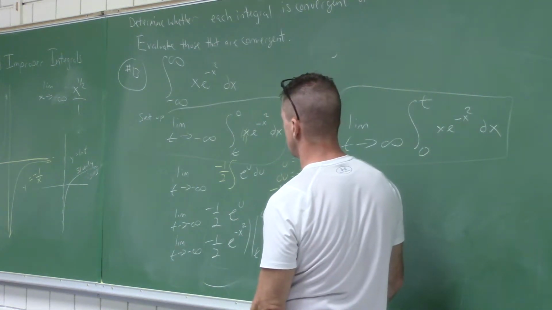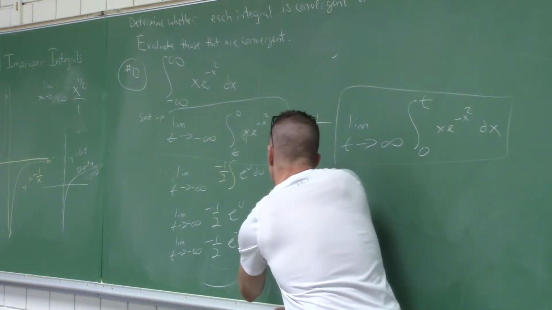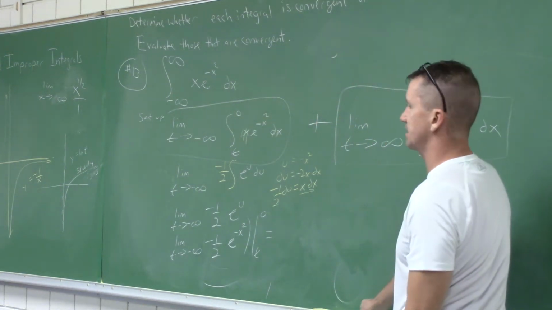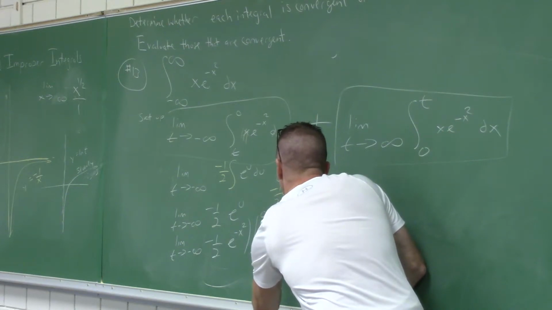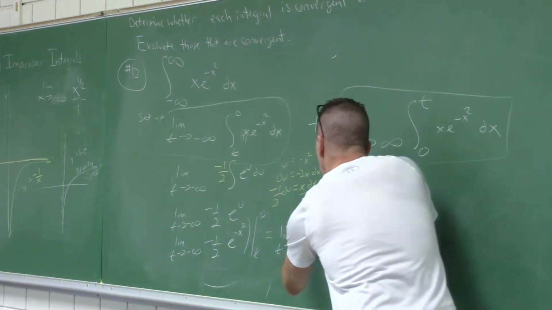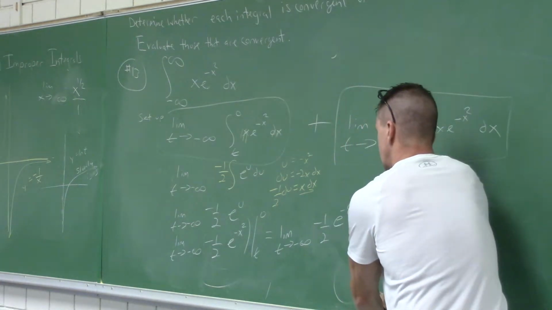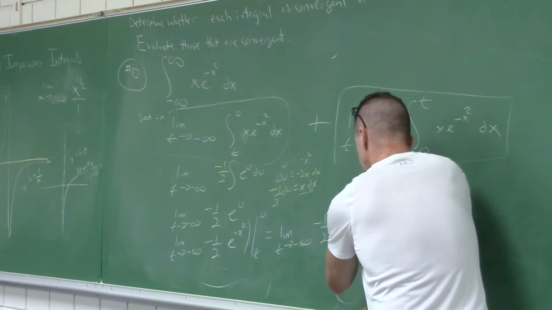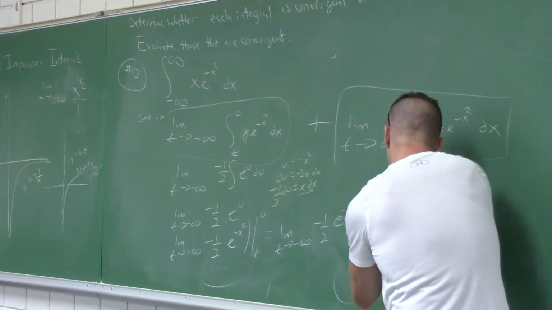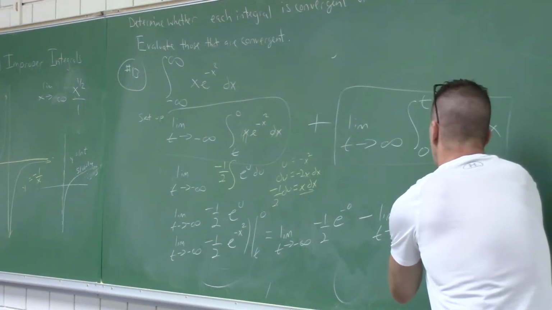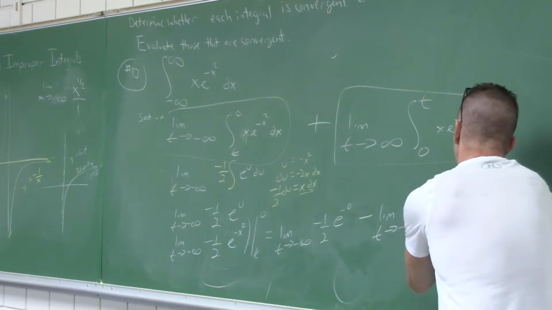Okay. So I get limit as t approaches negative infinity, negative 1/2 e to the, just to give me enough room here, I want to write on this side, we'll deal with this later. Limit as t approaches negative infinity of negative 1/2 e to the negative 0, minus limit as t approaches negative infinity of negative 1/2 e to the negative t squared.